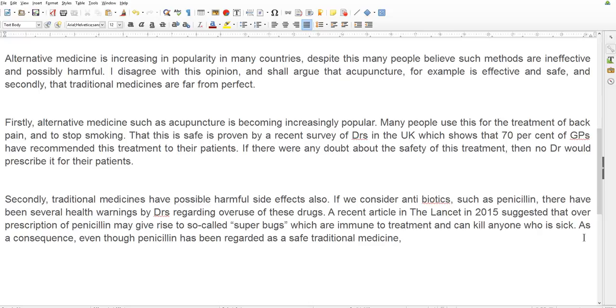I need to mention some possible side effects. It still has the potential to cause harm.